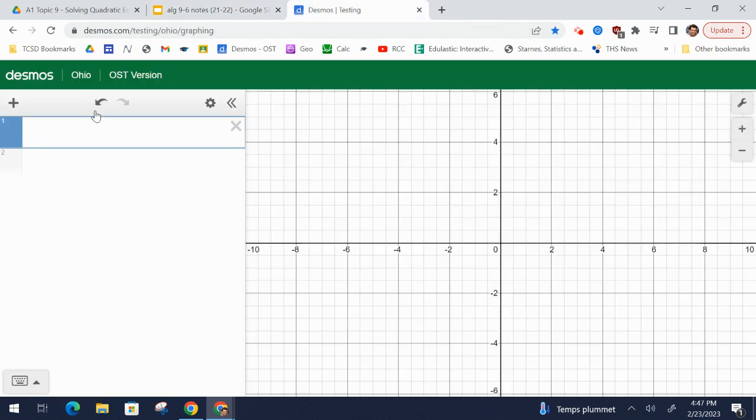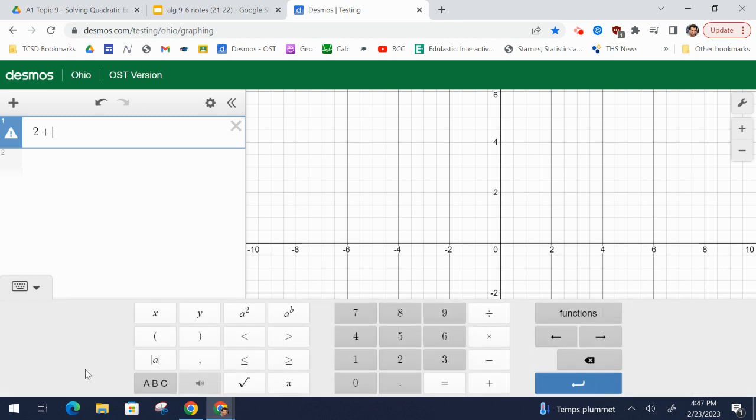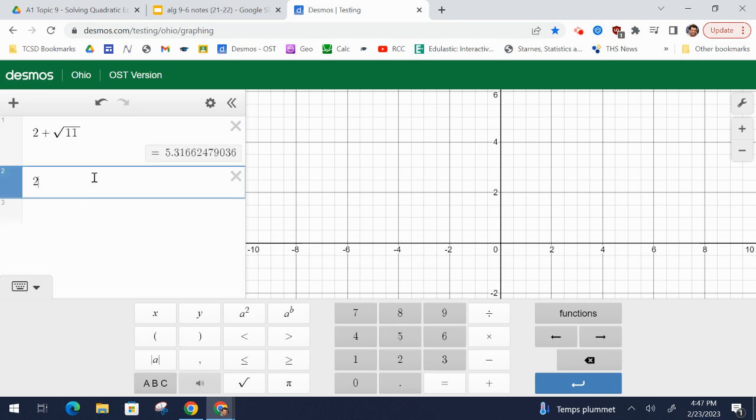Okay? So we're going to do 2 plus the square root of 11. And that would get you 5.31, and the 6 rounds the 1 to a 2. So 5.32, and then 2 minus the square root of 11. And that'd be negative 1.3, and again, the 6 rounds it to a 2. So 5.32 and negative 1.32.